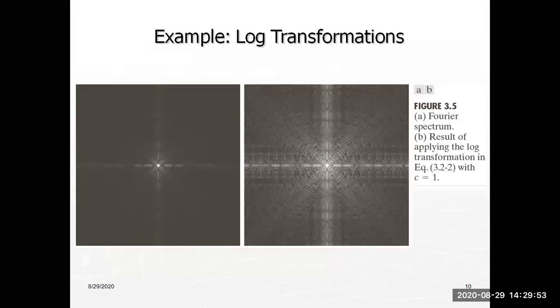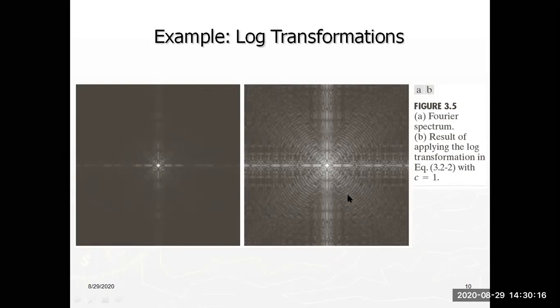What happens with the log transformation function? Suppose the Fourier spectrum is like this. After applying the log transformation function with C equal to 1, where C is a constant value, there is a spreading.